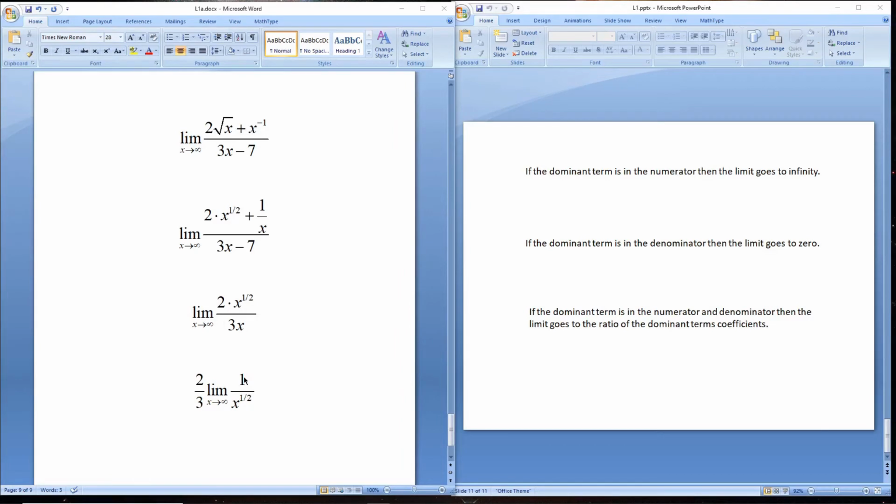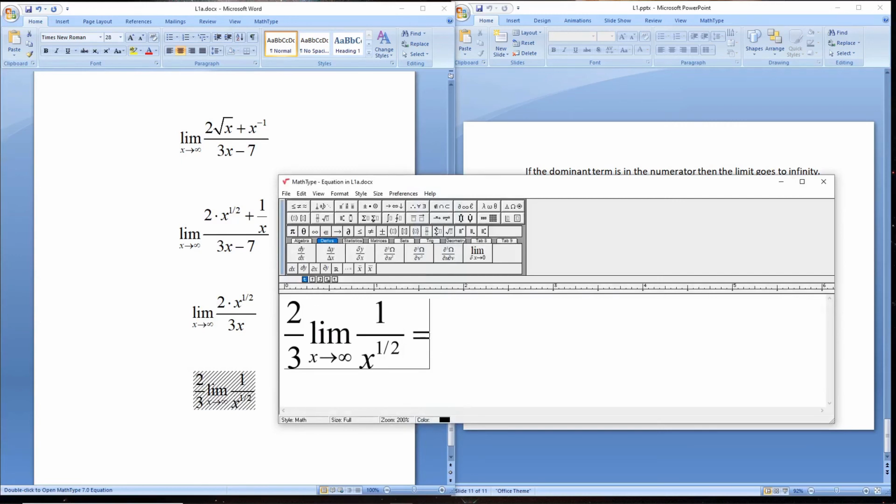So we have like 1 divided by a billion, 1 divided by a quadrillion, 1 divided by a googol, 1 divided by a googolplex. This limit is going to 0. 1 divided by a number getting forever larger without bound is a number that's going to 0. And then 0 times 2/3 is 0.